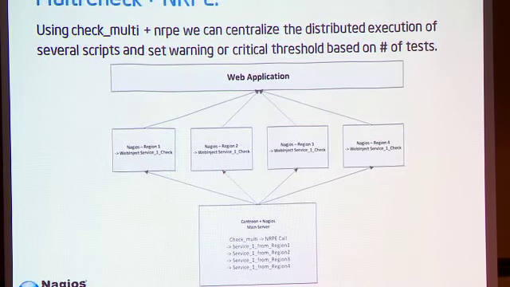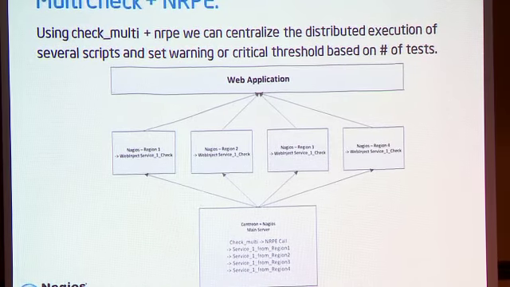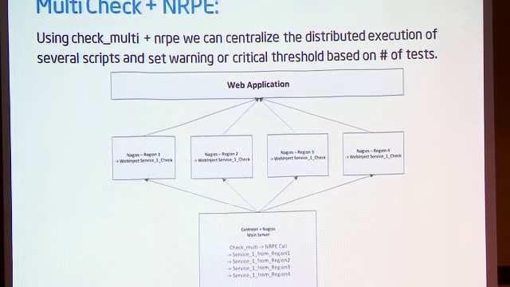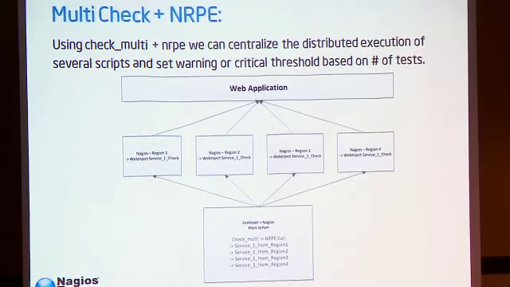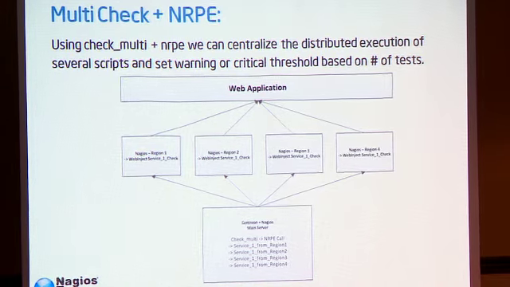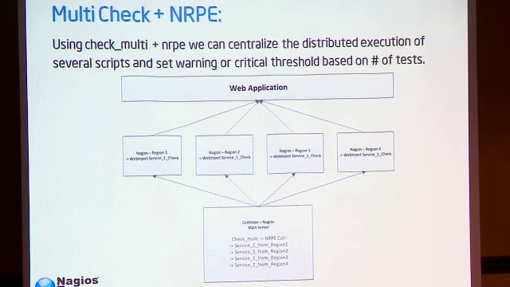How are we using the multi-check? Well, in a centralized dashboard, you need to see how all tests in different regions are coming through. It's worthless if you have just one check from Europe and another from South America, and it's failing only from South America. You need to know how all of these tests are going through, and we need to set some threshold.